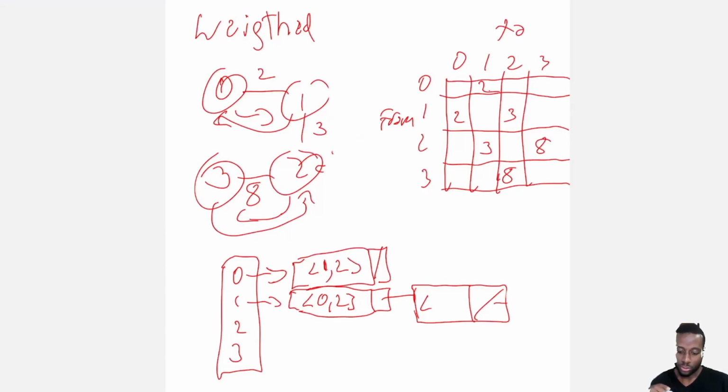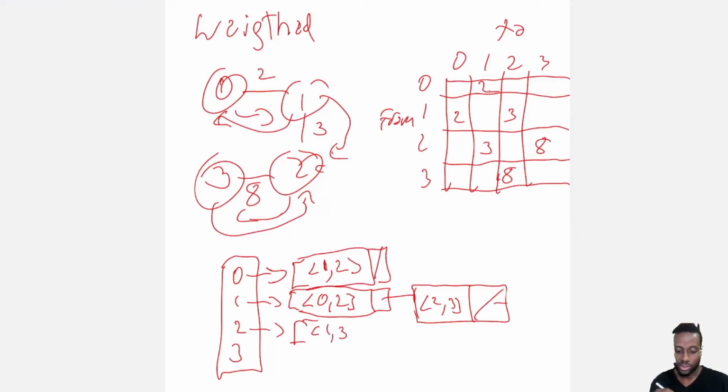We can go from 1 to 2, so we're going to put 2, and the cost is 3. And then we get that covered. And then for 2, we can go to 1, so 1 and the cost is 3.